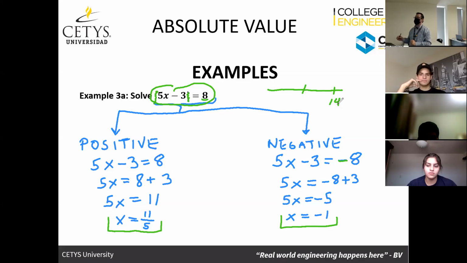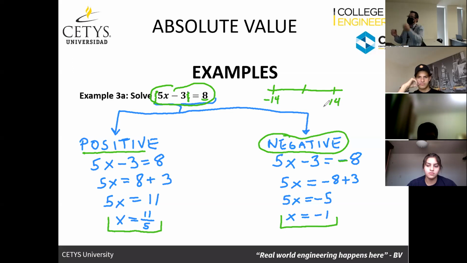It's the 14 that she said. The negative scenario is I'm going to grab exactly that same thing, but put it on the other side and put a negative to it. That's what we're doing over here. In the case of the positive, we don't do anything to it. We just remove the bars. Is that okay, Alfredo? Yes, yes. Thank you. Good.